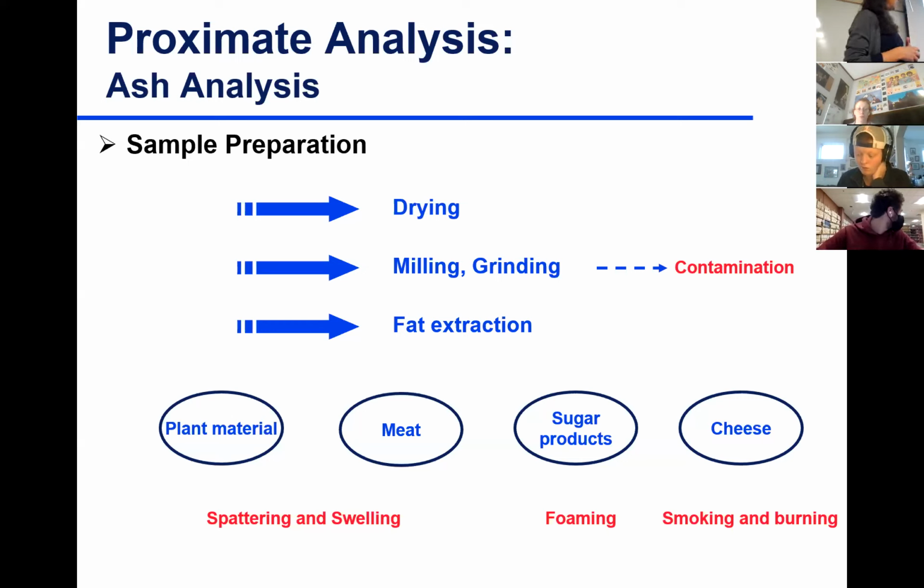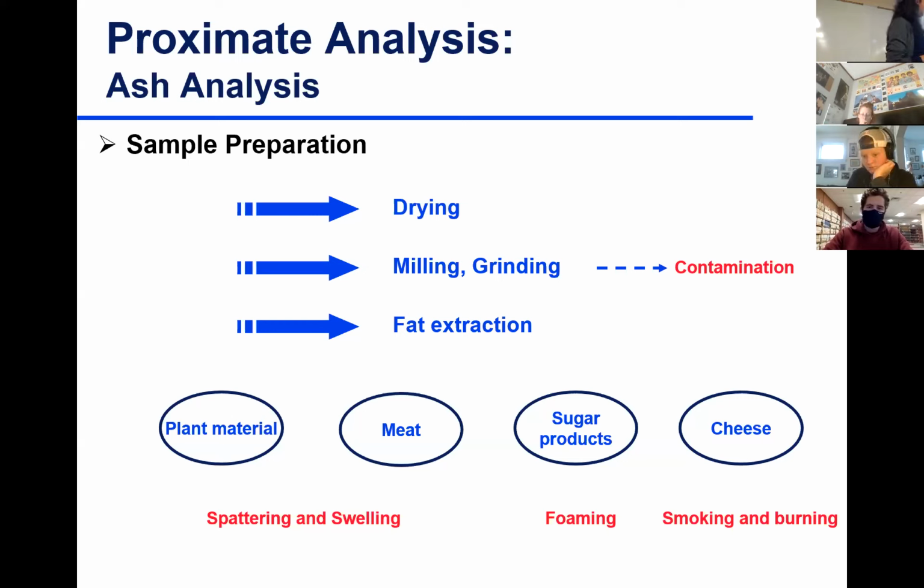But sometimes grinding can be a factor of contamination. If you're grinding in a metallic grinder, coffee grinder or whatever grinder you're using, and it's made of metal, the compartment might cause some metal contamination and overestimation of your ash content. So something to be aware of.